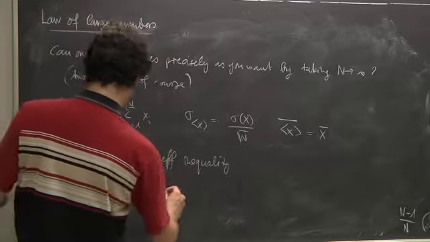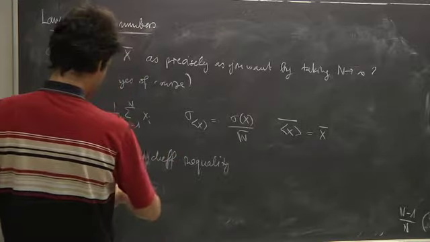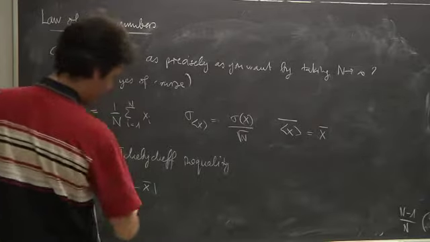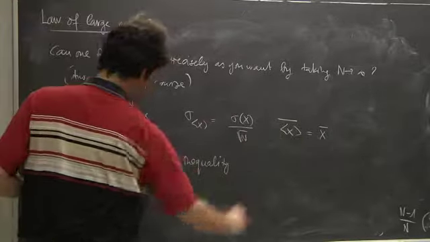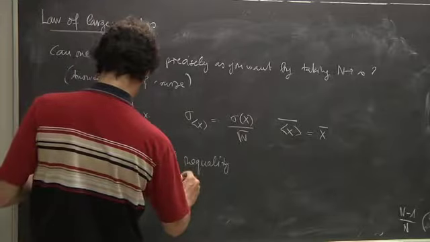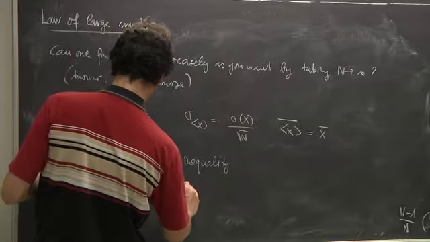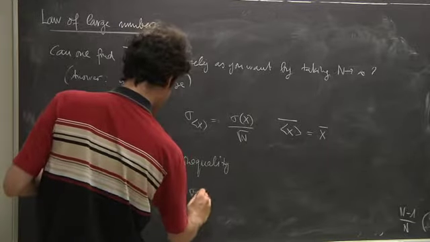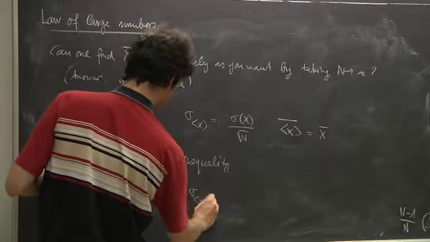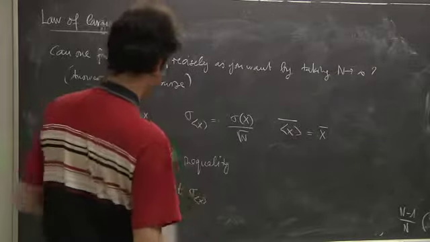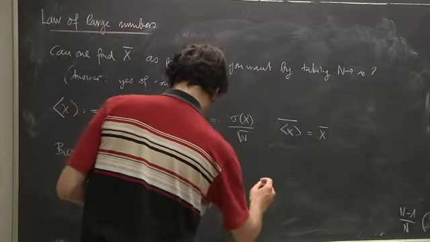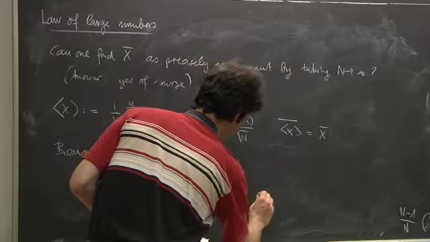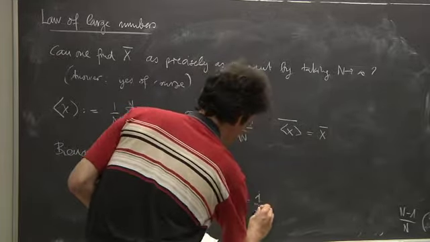So if you ask what is the probability that what you estimate by your measurement differs from the true average x bar by less than some number t times the standard deviation, then this probability must be larger than 1 minus 1 over t squared.